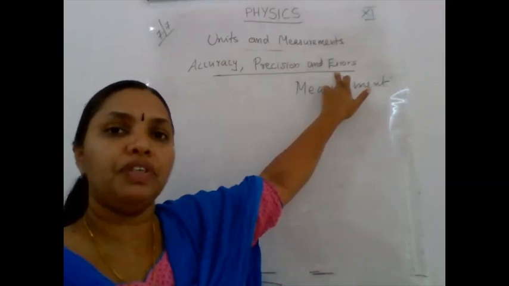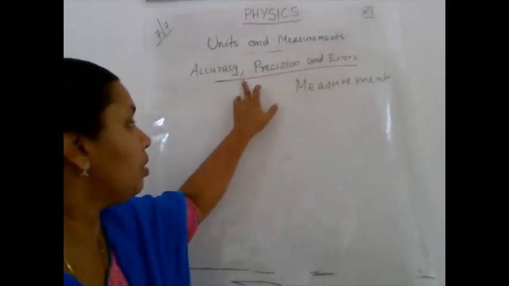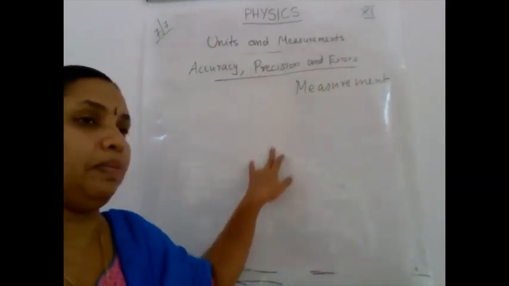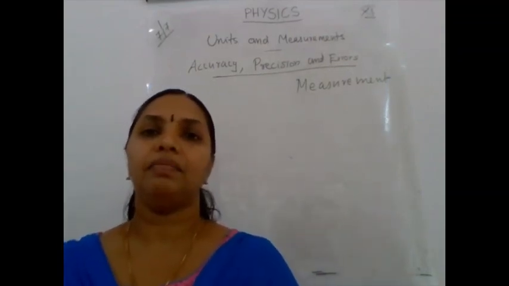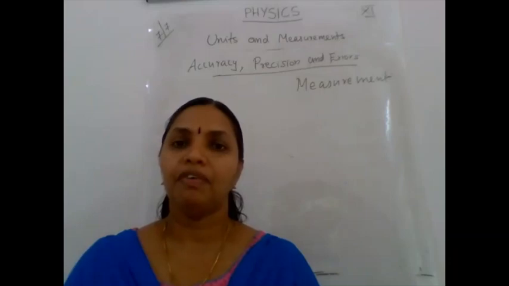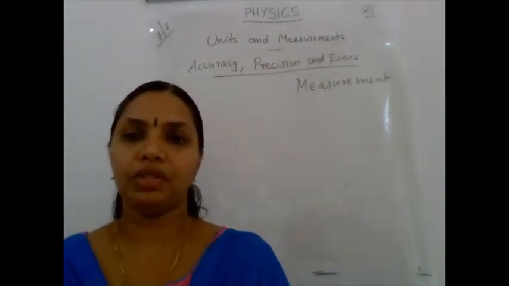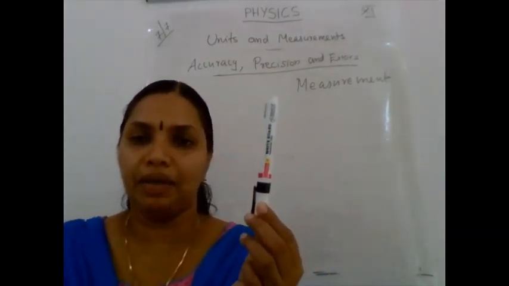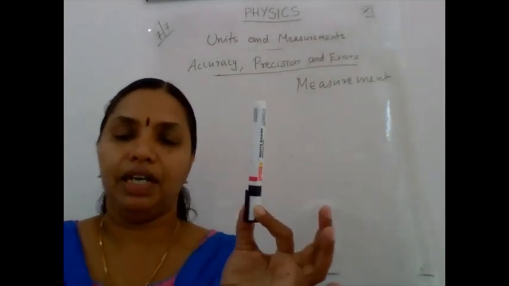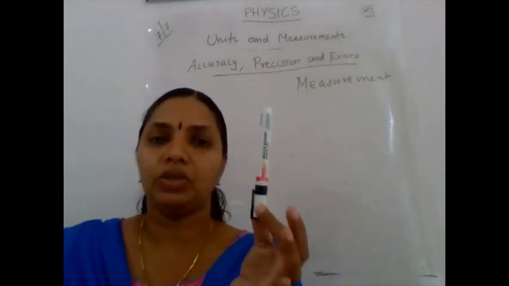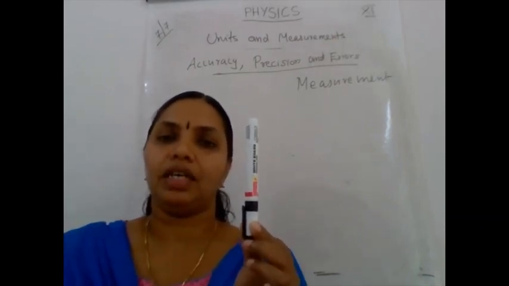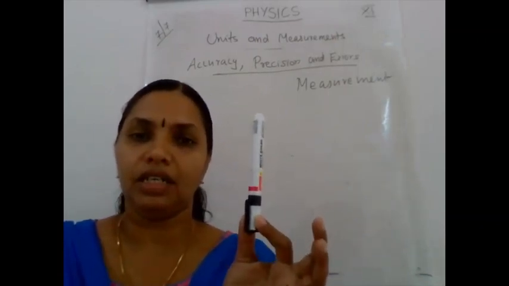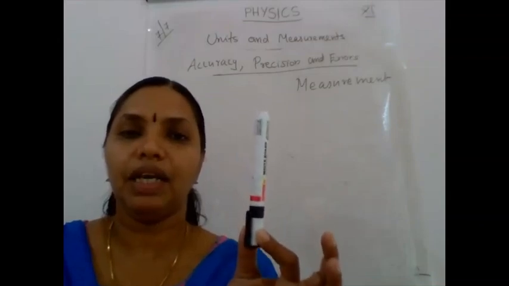First we can discuss what accuracy and precision are, and what the difference between them is. For every measurement, suppose we are measuring the length of this pen. There is a correct value, isn't it? There is an actual length for this pen, and that actual length never changes. It will be a constant one.